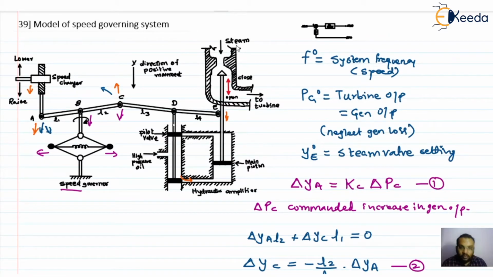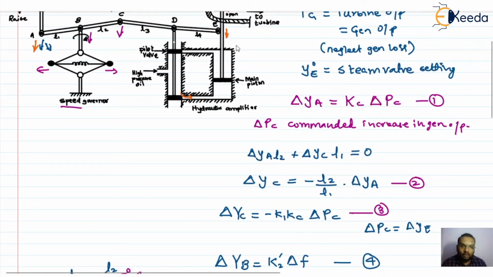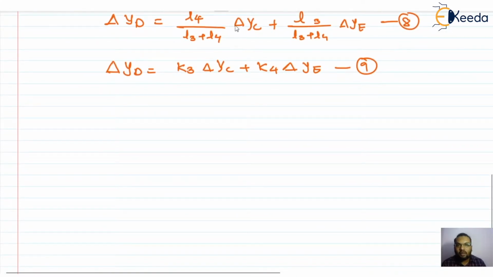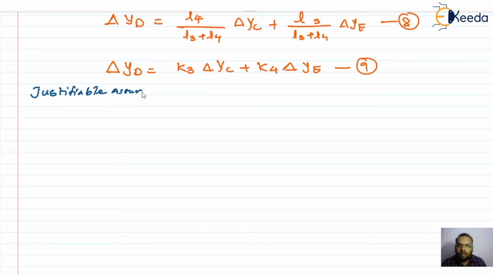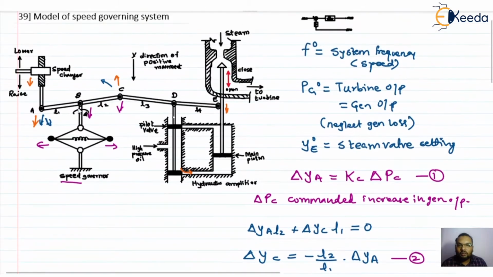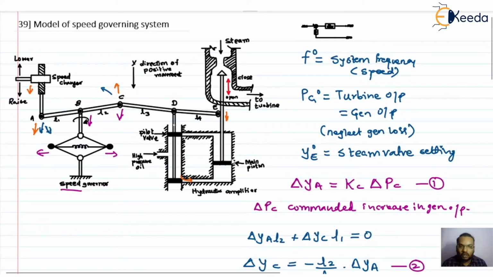Okay, so now for the movement of this point D, let us define some justifiable assumptions. So the first assumption is that definitely this main piston will have some inertia.